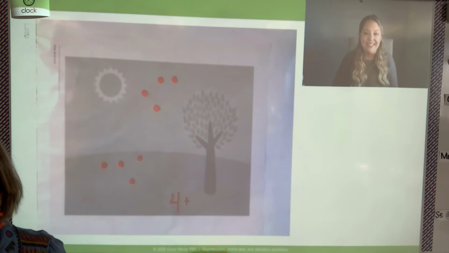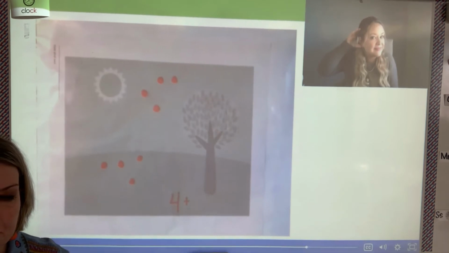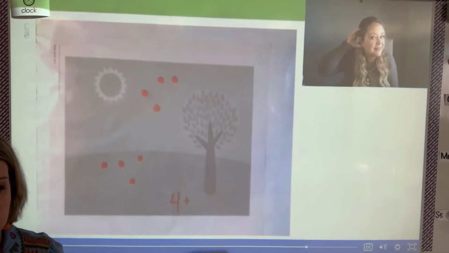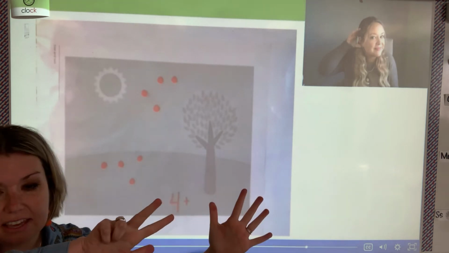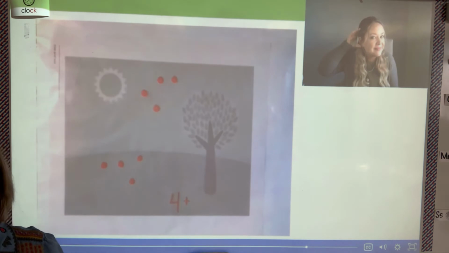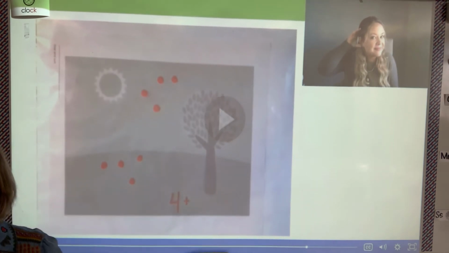So let's start with the number 4. Now what should we add to find out how many robins there were in all? What's the next number we need to put in our number sentence? Show me with your fingers. It's not this. What's the next number? The 4 on the ground?